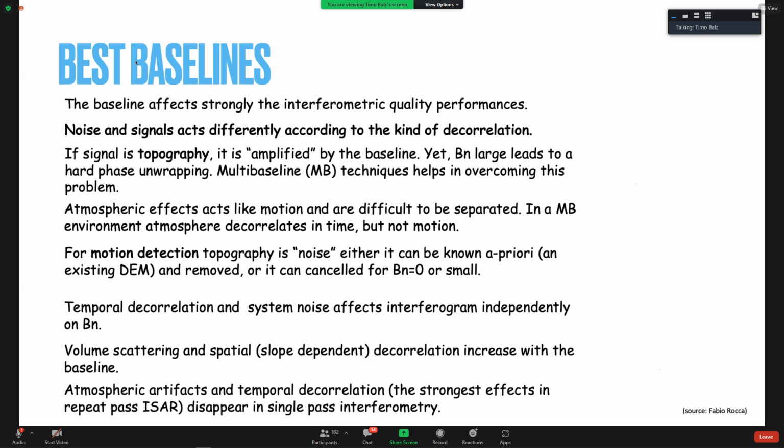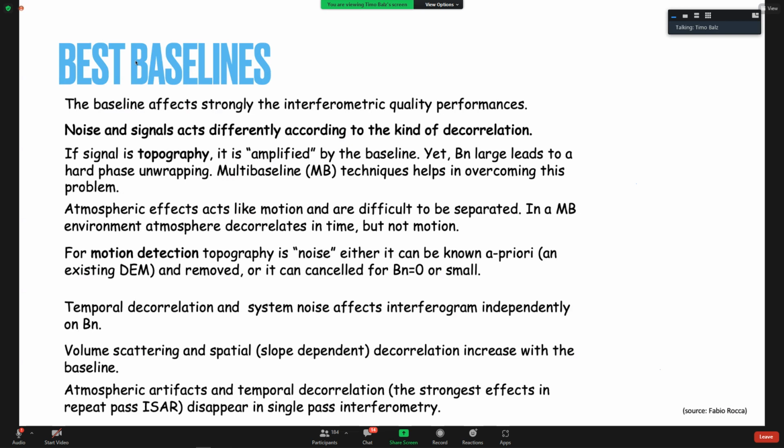So somewhere in the middle. Or, as you suggested, and we also come to that, I have some slides on it, a combination of different baselines, smaller and larger, to overcome some of these problems. So there is no perfect answer for that.